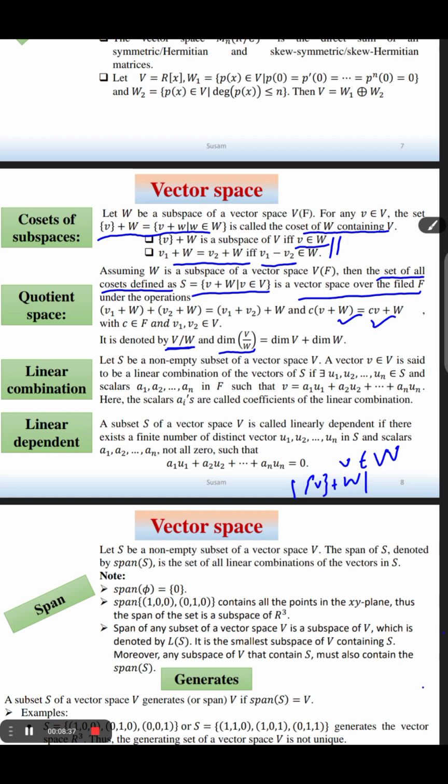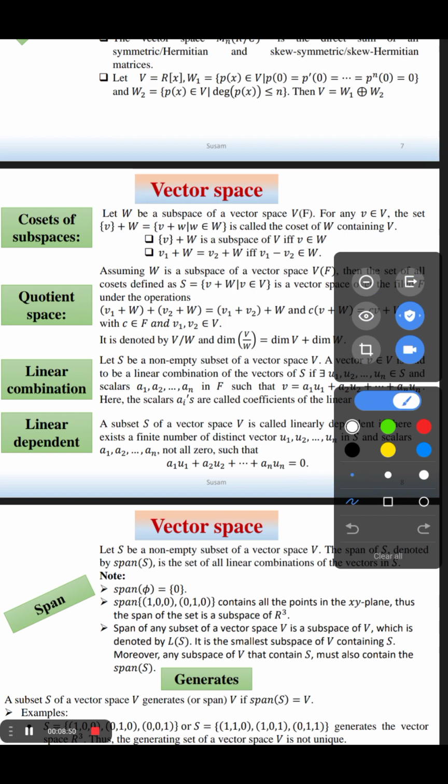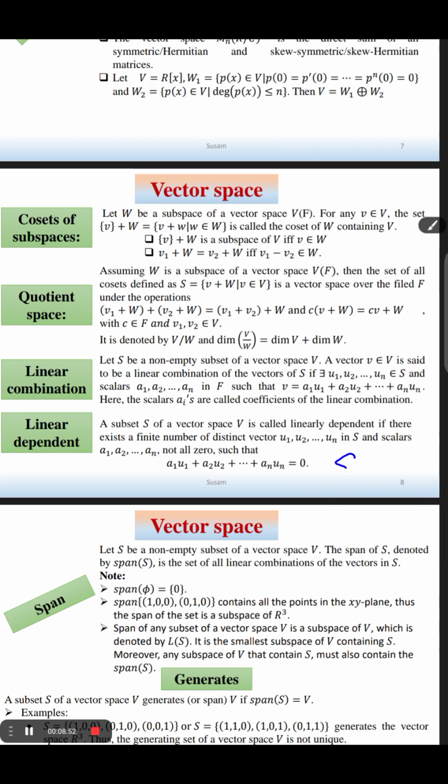Now, linear combination, that you all know. Many times we use linear combinations. Linear algebra means there must be some linear combination. What is that? Suppose you have a non-empty subset S of a vector space V. It's a subset, not a subspace.